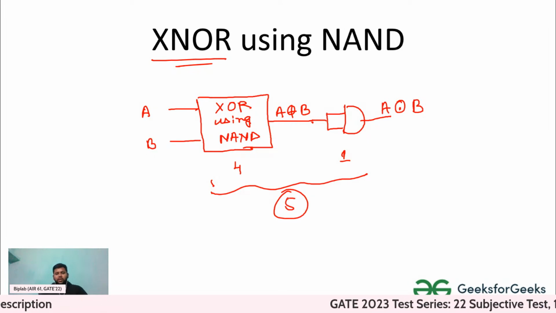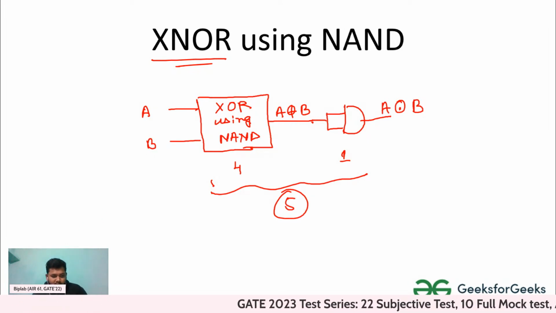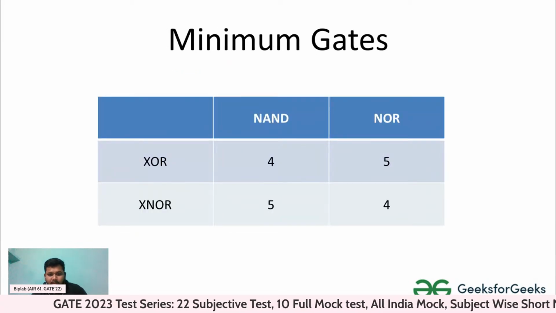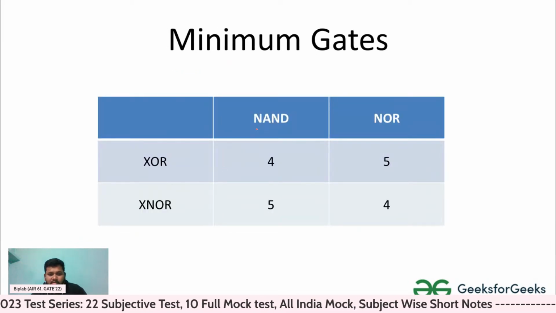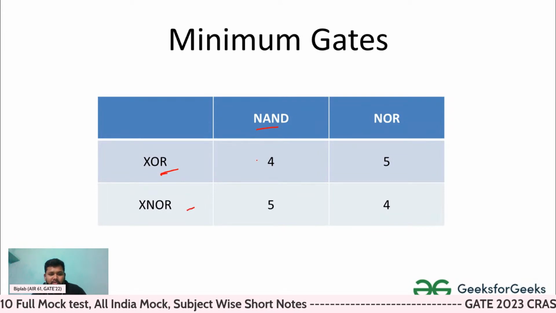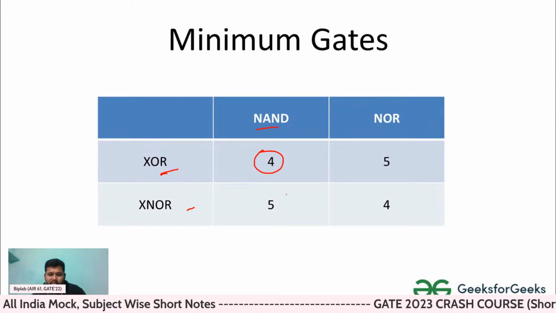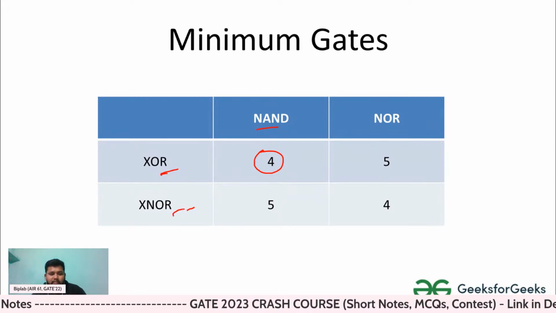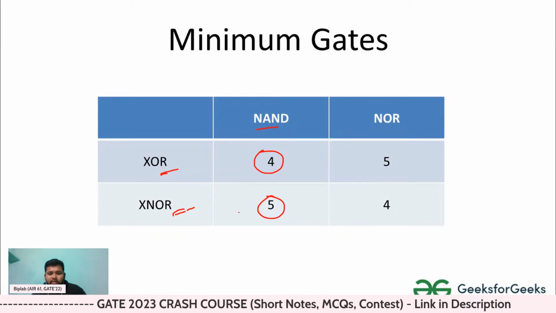The same work you can do using NOR gates. You can build XNOR and XOR. Let us see this. If you use NAND to build these two, to build XOR you need 4 gates, that we just saw, and using NAND you can build XNOR, which will require 5 gates.